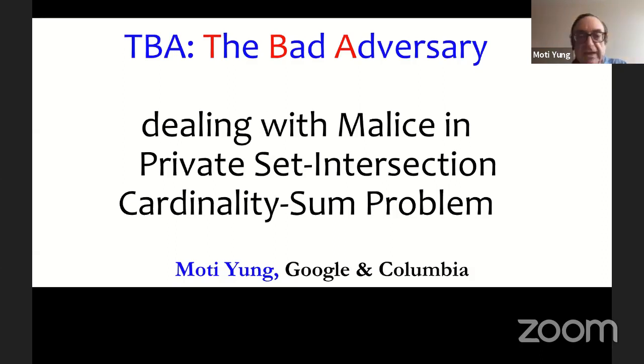This talk is based on two papers. The first one is on deploying secure computing commercially, private intersection sum. It was supposed to be in the IEEE European Symposium on Security and Privacy in March, but the conference was delayed, but it's available on ePrint. And the second one is two-sided malicious security for the same problem, which will appear in Crypto.